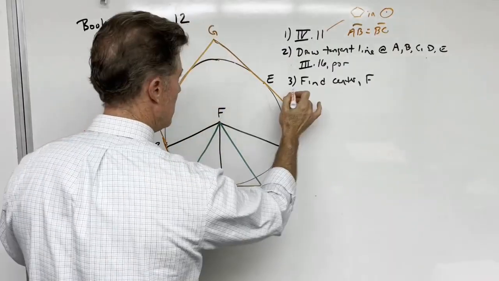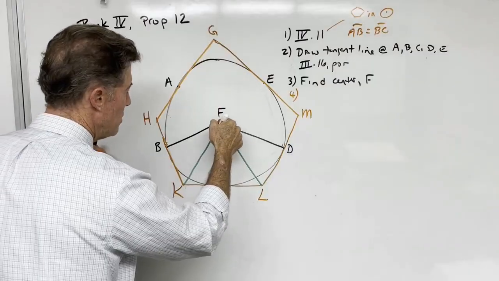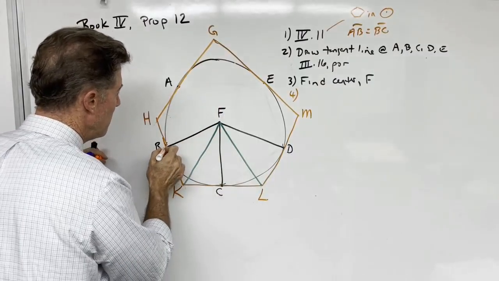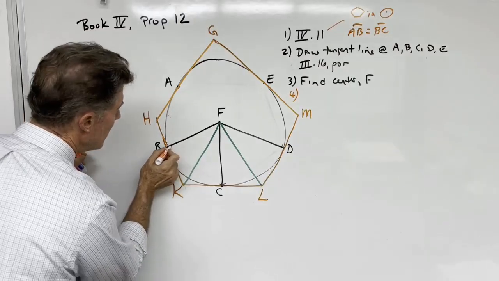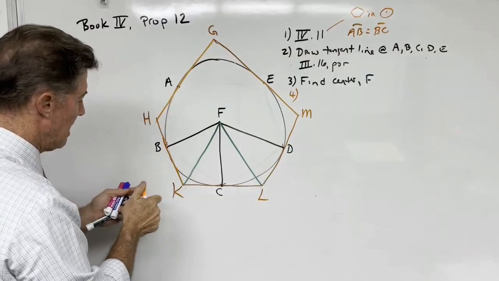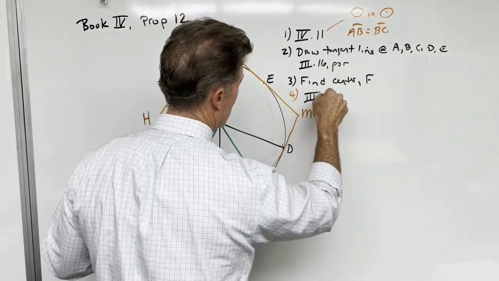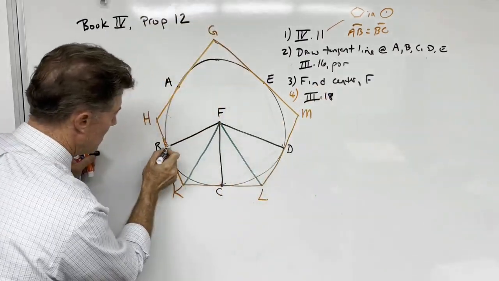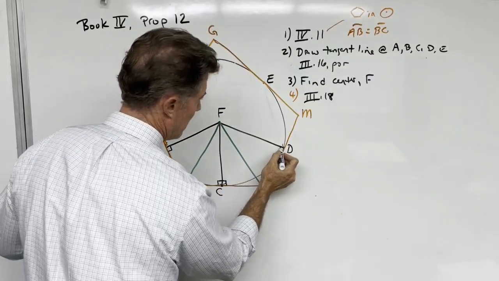And the important thing to note is that since this is the center, if we draw a line from the center to the point of tangency on a tangent line, then it's going to contact that line at a right angle. And this is Book 3, Prop 18. So it tells us that these are right angles.